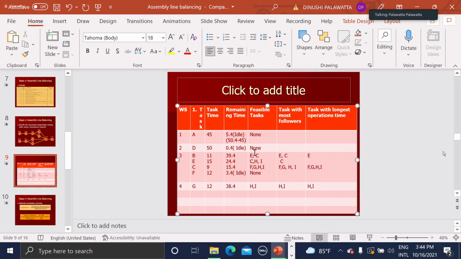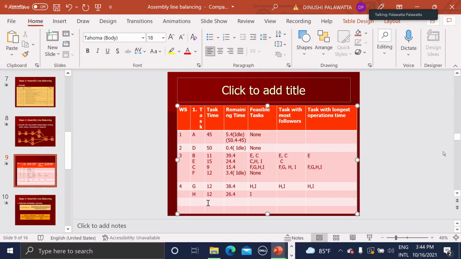So we tie break with alphabetical order. We allocate H. Time is 12. Remaining time will be 26.4. And then the feasible one will be I.